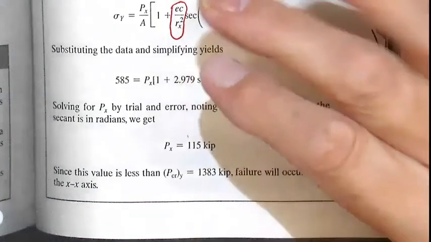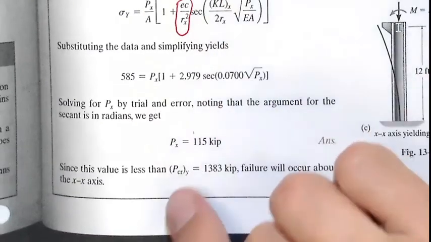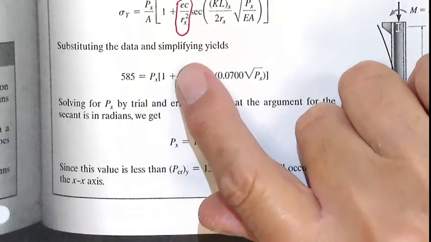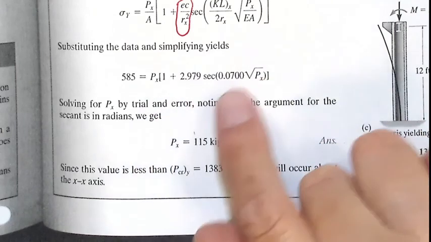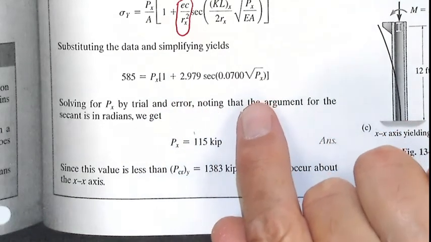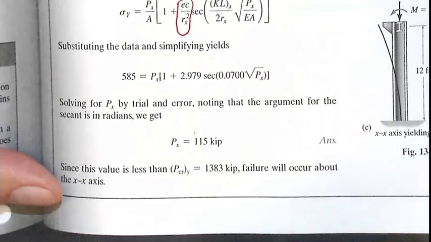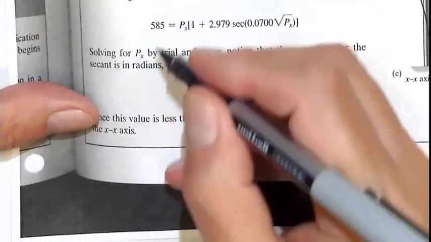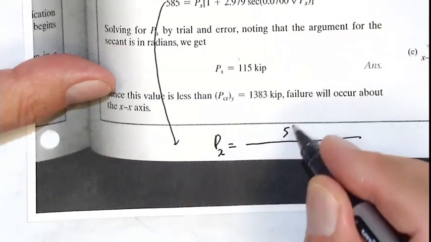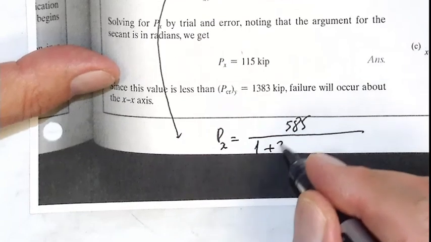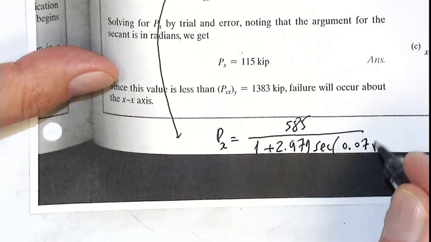One may ask, what is this trial and error? What will be the first solution to take? Imagine that we throw this away, we get Px equals 585. Then I substitute 585 here. I will rewrite this formula like this: Px equals 585 divided by 1 plus 2.979 secant of 0.07 Px.